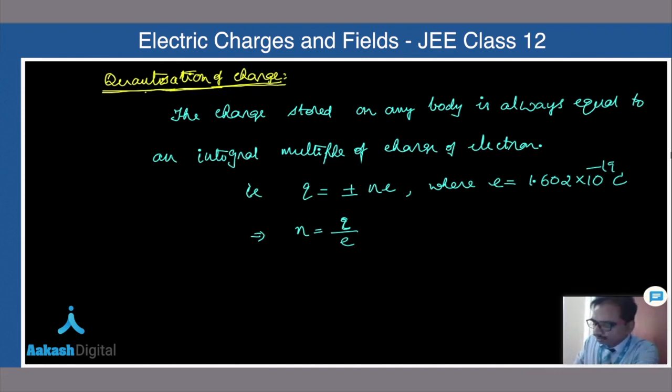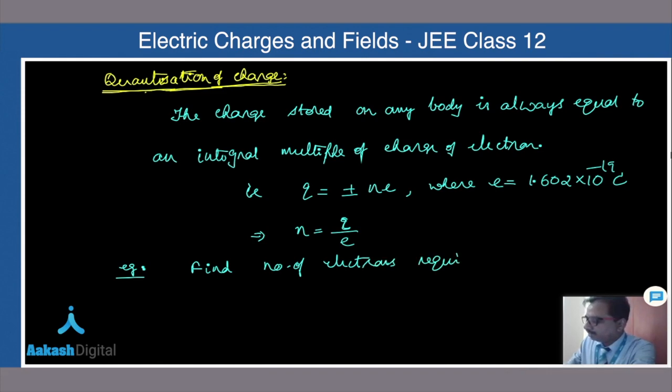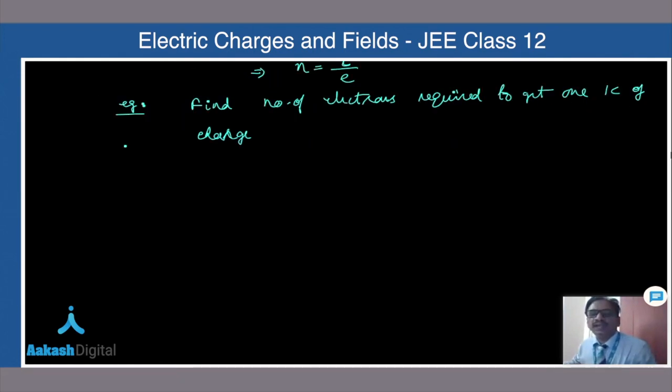Okay, now tell me, find the number of electrons required to get 1 coulomb of charge.